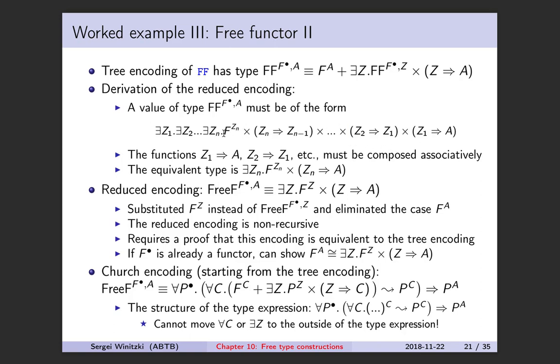Now, all these functions must be composed associatively. In other words, the law of composition is that the result of mapping with this function and then later mapping with another function and then later again mapping with another function must be the same as a result of a single mapping with the composition of all these functions, and the composition is associative.